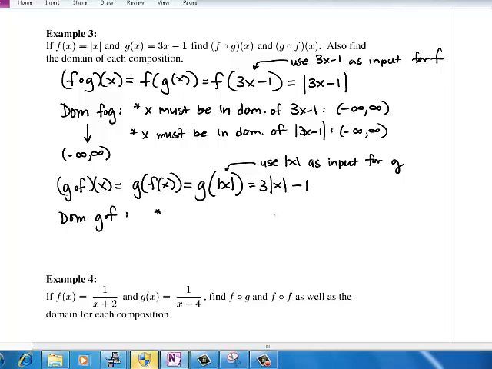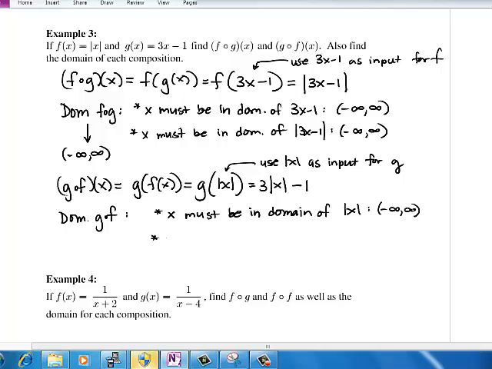And the domain for g circle f, x must be in the domain of the inside function, which is absolute value of x. And that would be all reals.